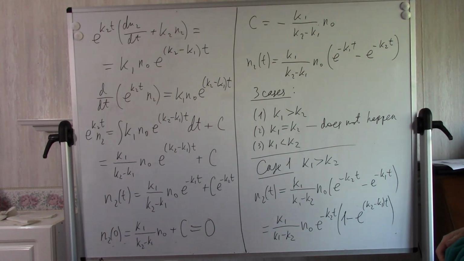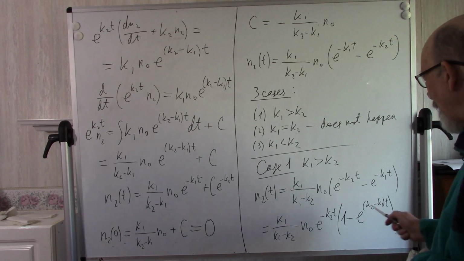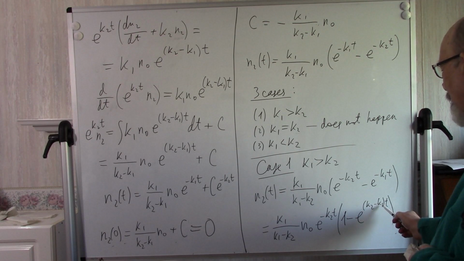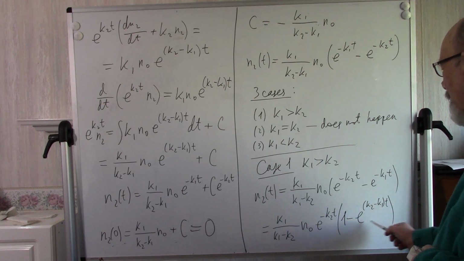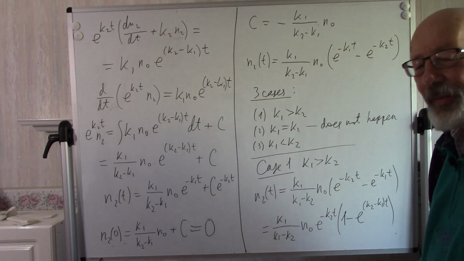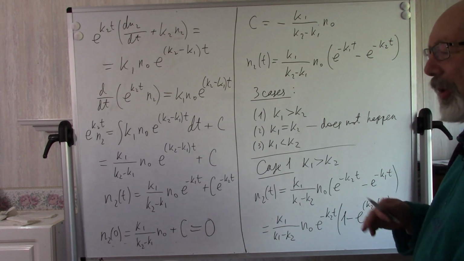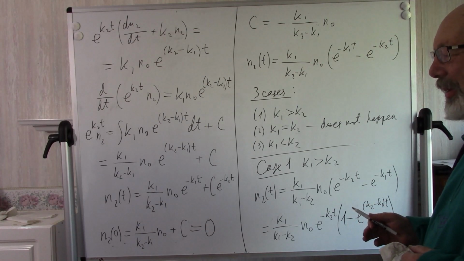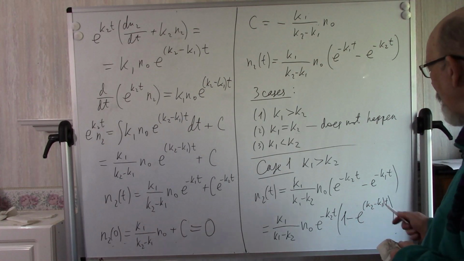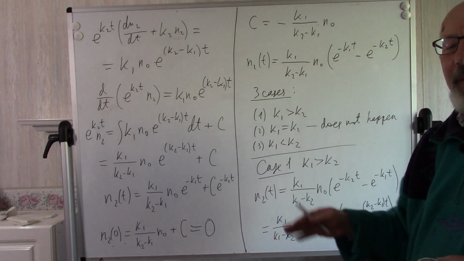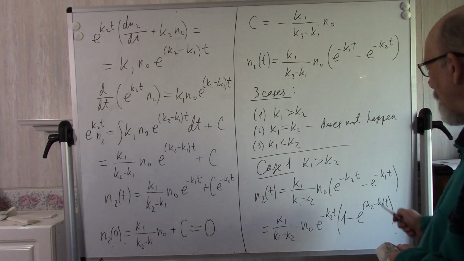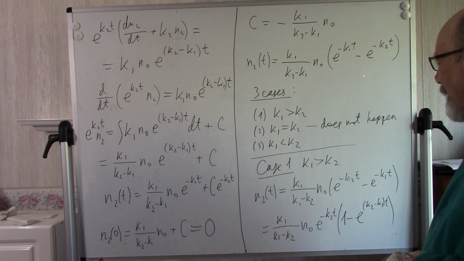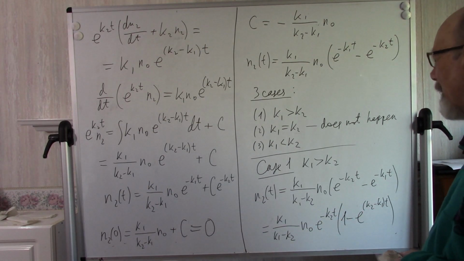So what was the reason for this? Let's observe. Here k2 minus k1 is negative, so this exponent is decreasing. And we know from different problems that an exponent decreases fast. So after some time, this term will be negligible relative to this one.